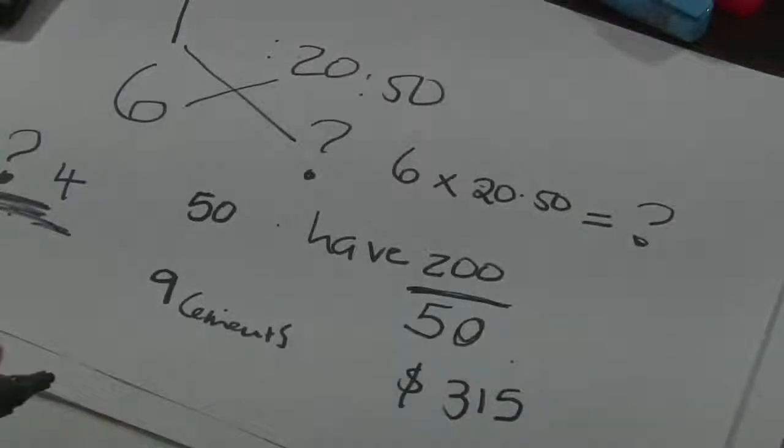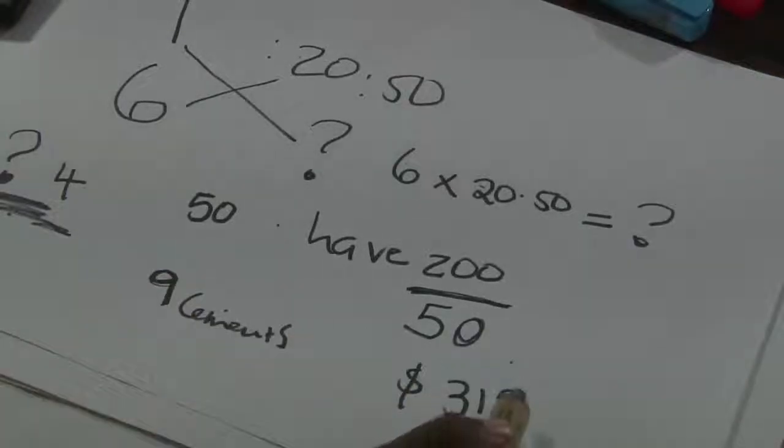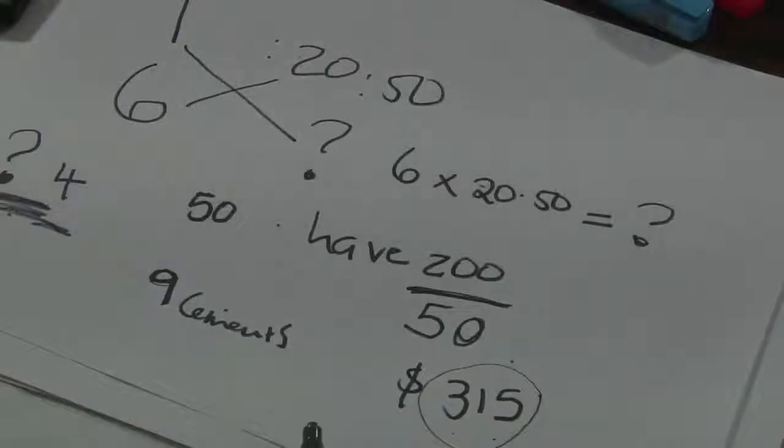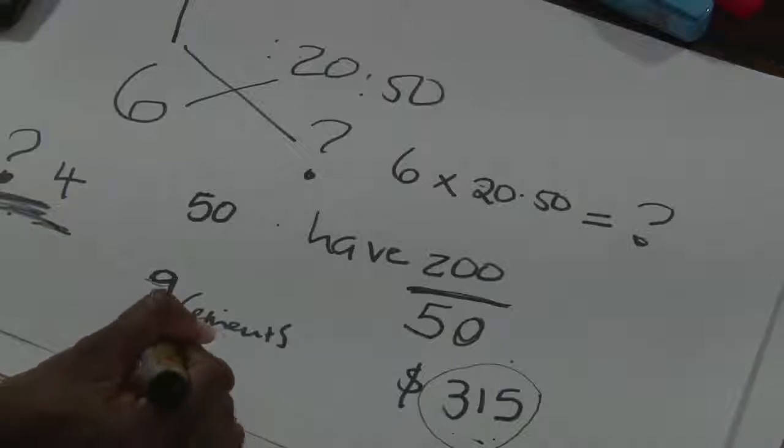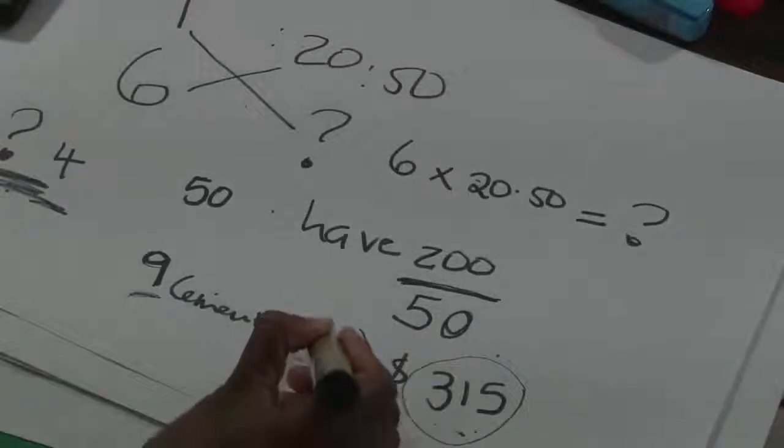I know I get my 9 cements for 315, but I want to find out how much each costs. If in 315 I can buy 9 cements, how much does each cement cost?